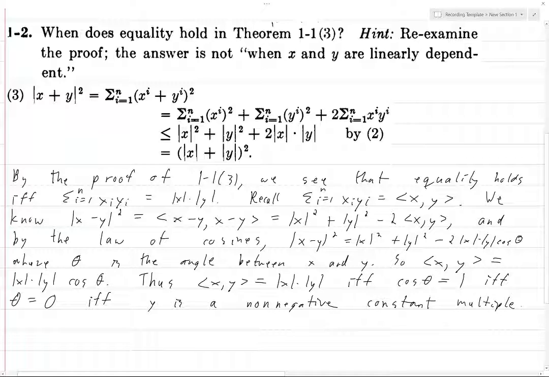That's kind of like saying they have to be collinear, but if you had x pointing this way and y pointing this way, then this angle would be pi, and cosine of pi is -1, and that's not what we want. So they have to be pointing in the same direction, so it's stronger than being collinear. But anyways, there we go. That's when equality holds, and this completes the proof.